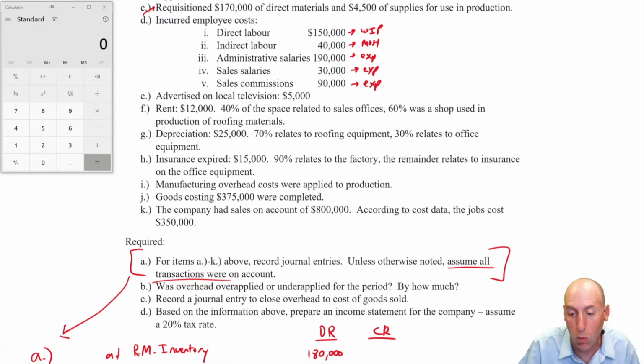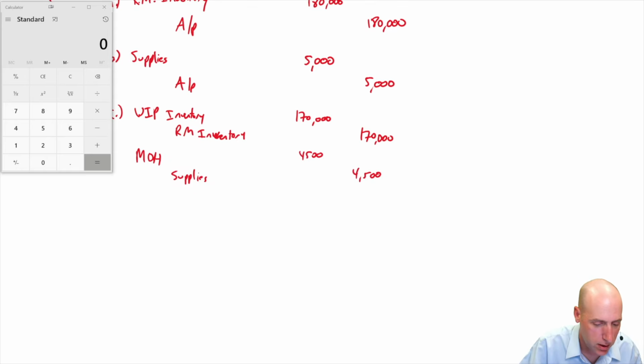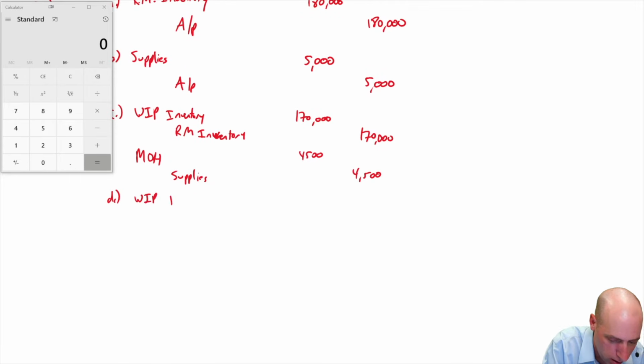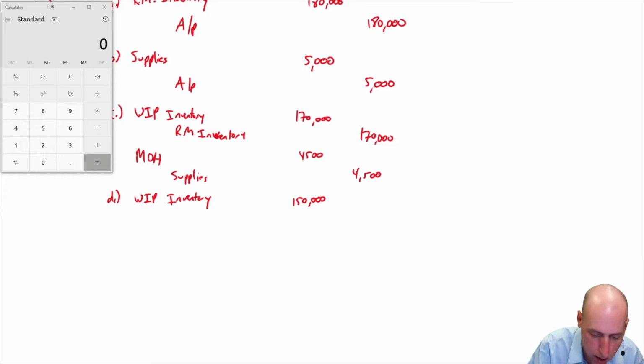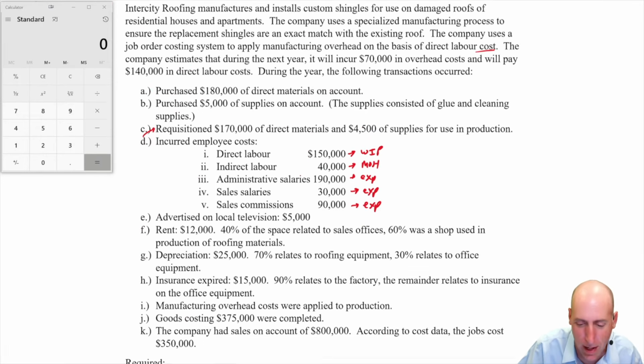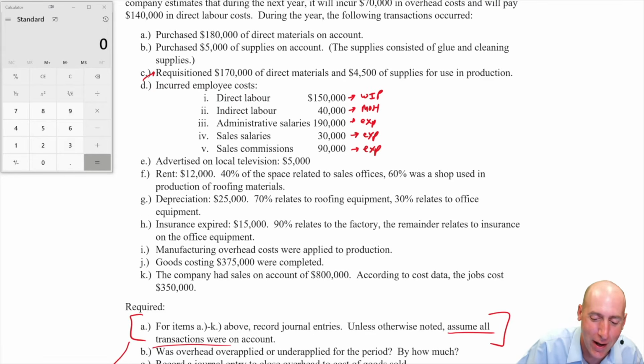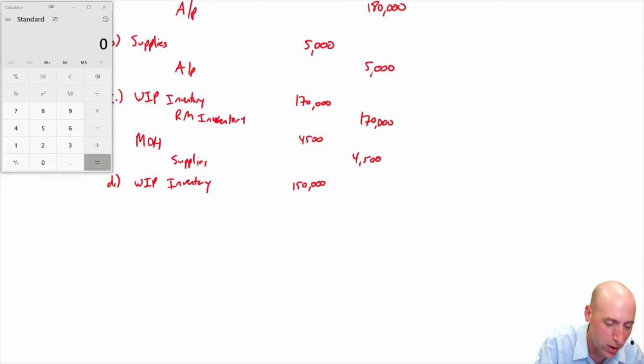So I'm going to debit WIP for $150,000. That's my starting point here on D. Debit WIP inventory $150,000. I'm going to credit. Actually, I'm not going to credit any. I'm going to keep debiting. Debit indirect labor, debit MOH for $40,000.